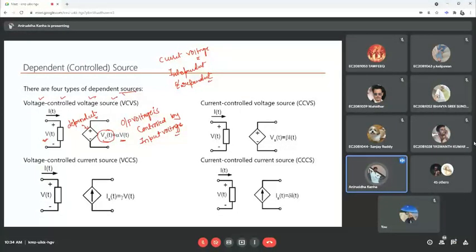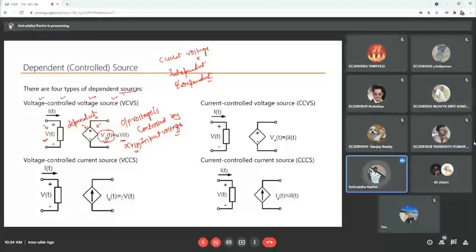Look here, what is the value of this voltage source? The value is alpha times Vt, where alpha is some constant. So whatever changes in Vt will be reflected in the dependent source. Is that clear? Hence we call this an output voltage controlled by the input voltage.